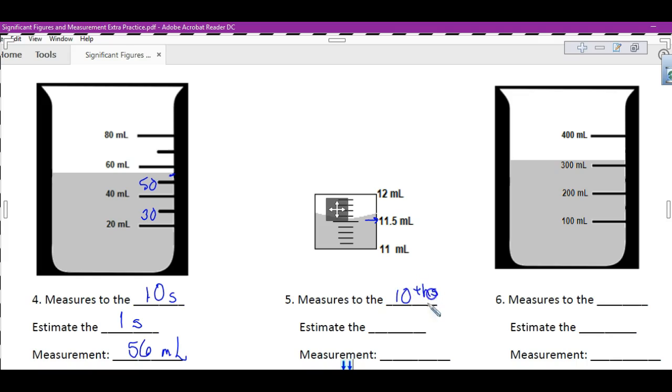So then we're going to estimate the next place value over, getting smaller, the hundredths place. So for this, we know that it's at least 11.5, and then the digit after the 5 is open to your interpretation. On a test, I would take 11.55 to 11.58.